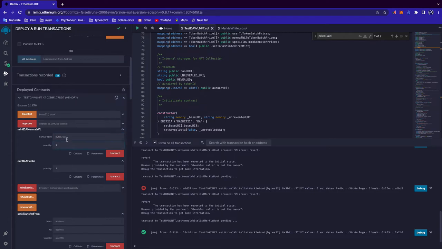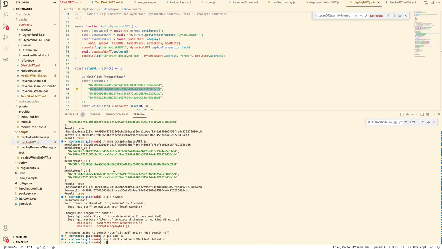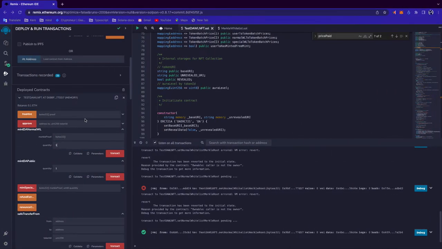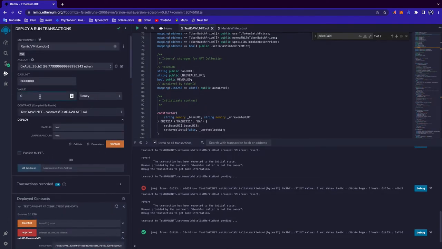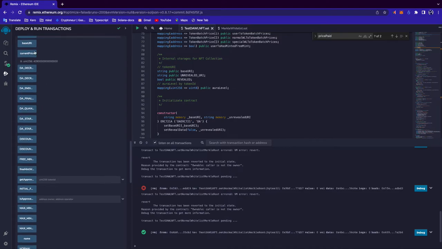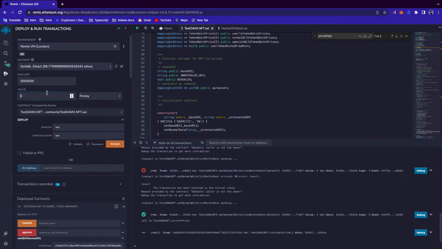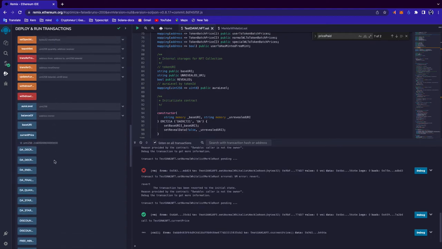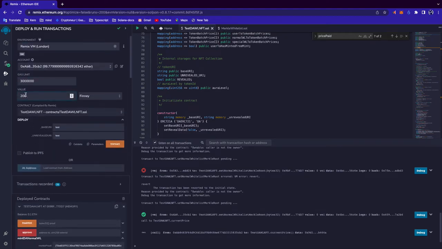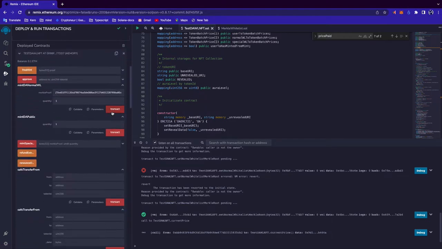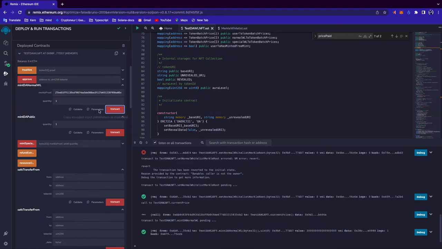So I need to get the Merkle proof here. This one is calculated here. So I input it here and also need to check the current price. What is the current price? Is that enough? Not enough. Okay, then transact. Okay, it seems fine.